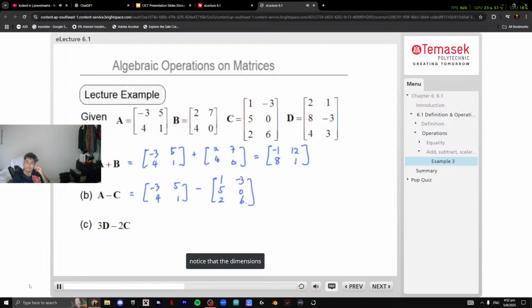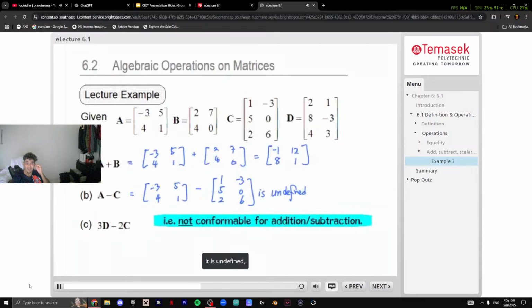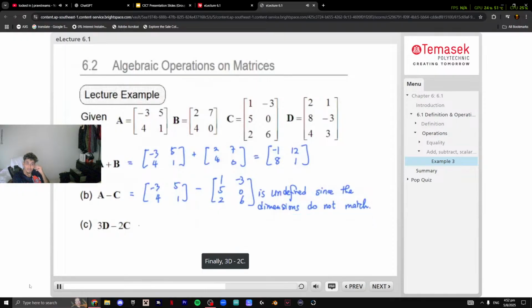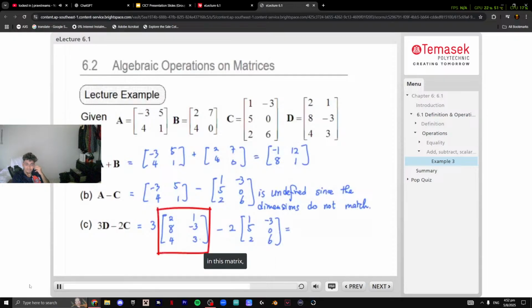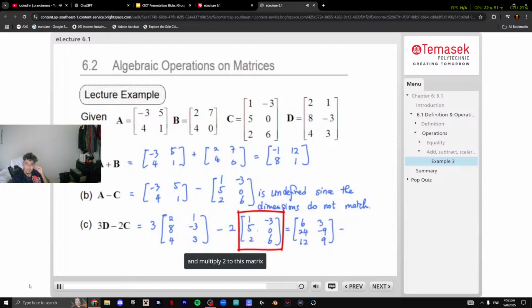Notice that the dimensions are not the same, so we say that it is undefined, since the dimensions do not match. Finally, 3D minus 2C. This time, the dimensions match, so we multiply 3 to all the elements in this matrix to get this, and multiply 2 to this matrix to get this. Subtracting corresponding entries, we get the answer.